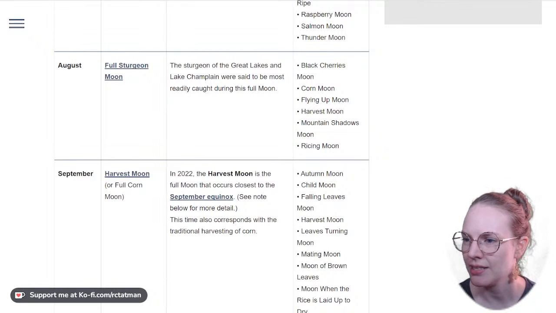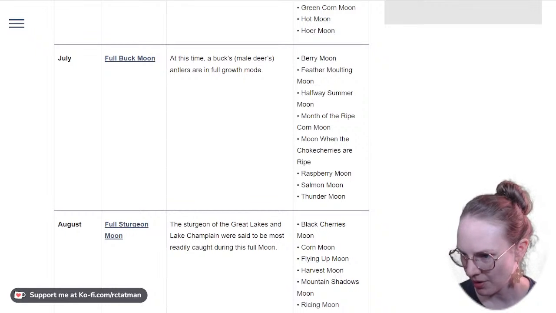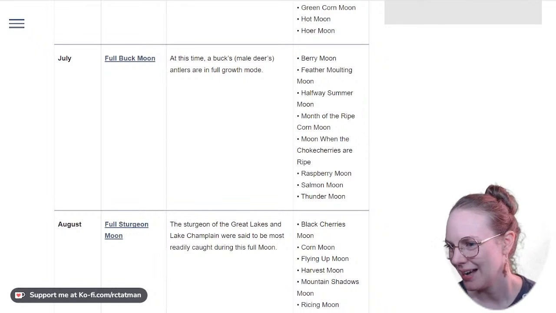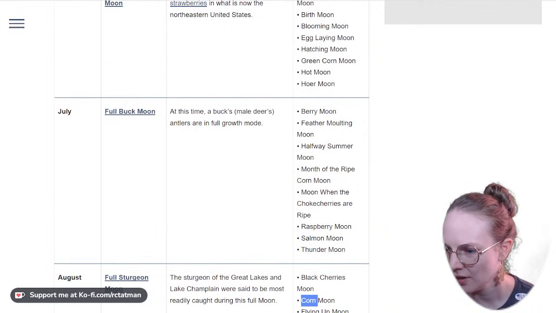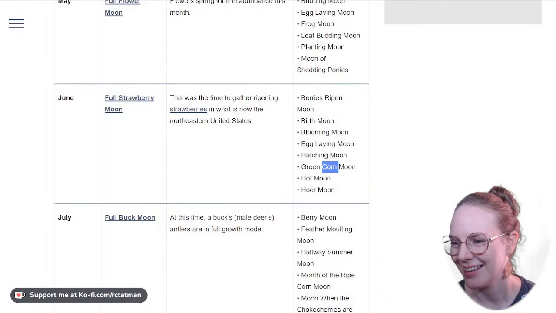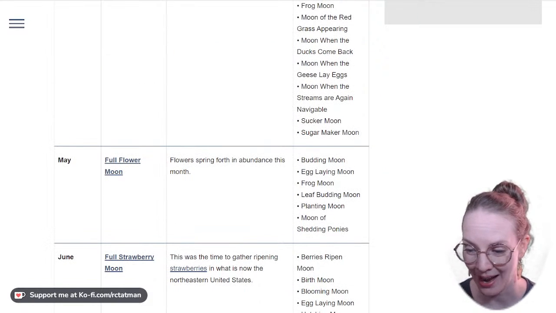Here we have one about rice. Okay. Here we have one about corn. You can't see my cursor. Well, basically I'm saying here is corn and here is corn, and these are next to each other. Here's also corn. I get it. Corn's very important, and I'm not being facetious.